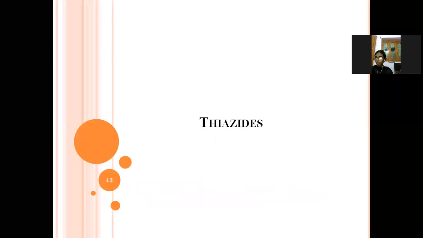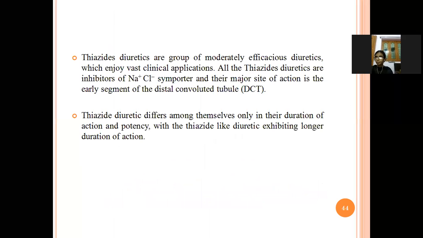So next one is thiazides. Thiazides act mainly in the distal convoluted tubule, which is also a part of the nephron. In this part, that is the distal convoluted tubule, its main function is to inhibit the sodium and chloride symporter.